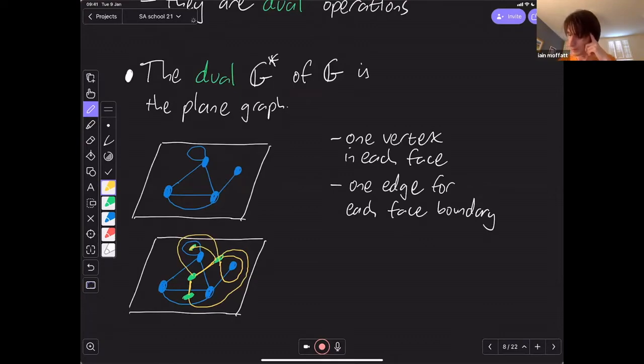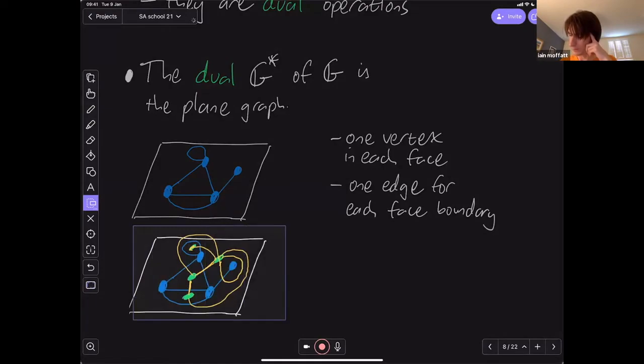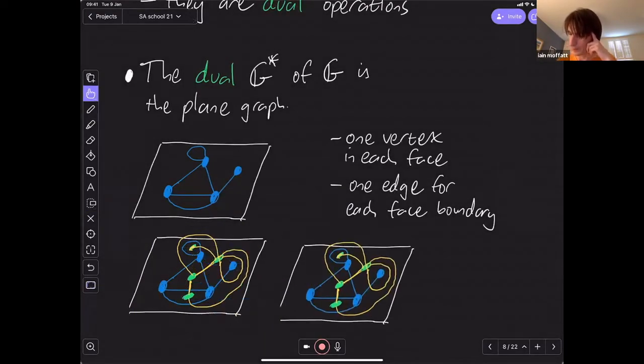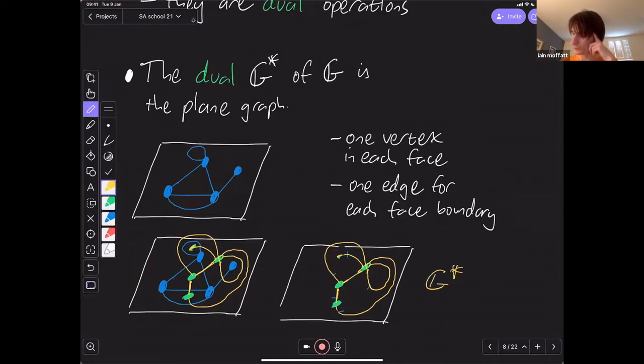And then once I've done this construction, I get rid of the original blue graph, like so. And this new graph in green and yellow is going to be my dual graph.